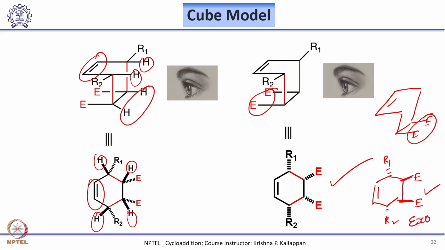So it is very easy to write the stereochemical outcome, that is the exo and endo product, if you follow this cube model, okay.